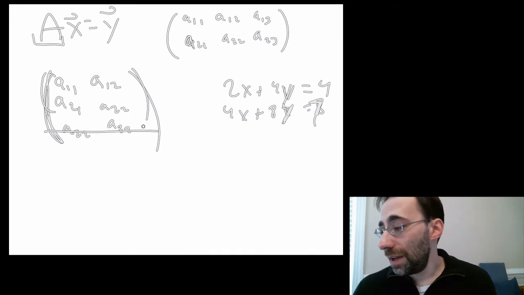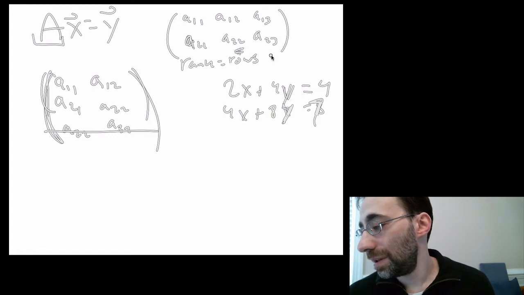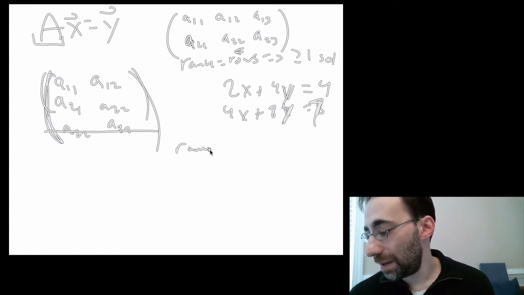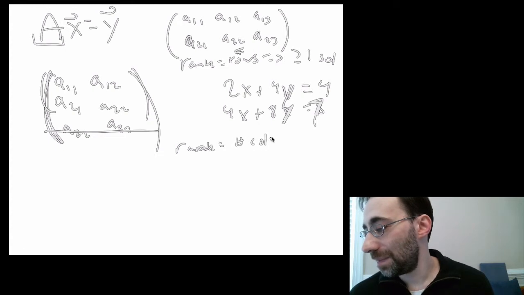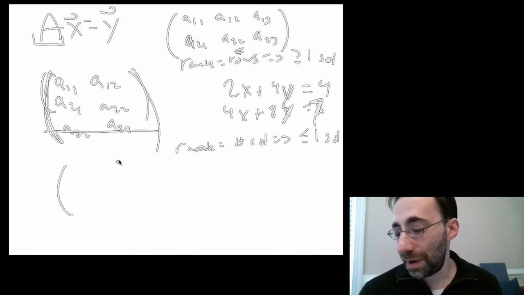So going back, rank equals the number of rows implies greater than or equal to 1 solutions. Rank equals the number of columns implies less than or equal to 1 solutions. Well, now what if you have the same number of rows and columns?